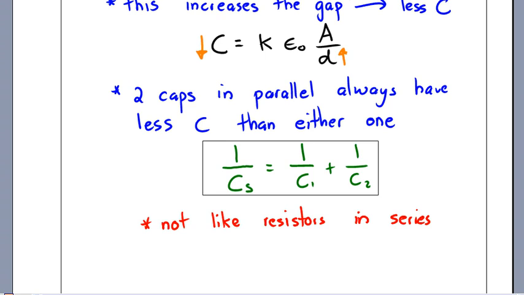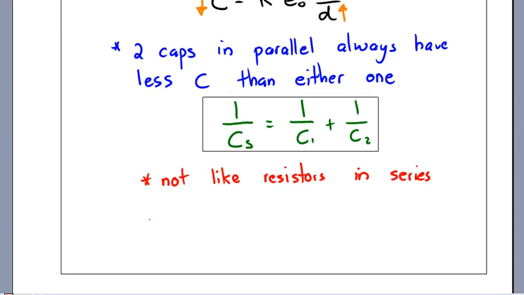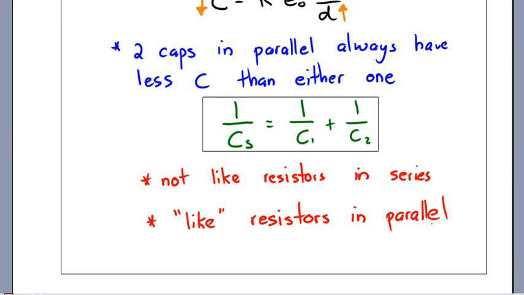But it is all backwards. It's consistently backwards. It's like, again, I'm going to use air quotes because we're talking about capacitance, not ohms of resistance. It is like resistors in parallel. Okay, so far so good.